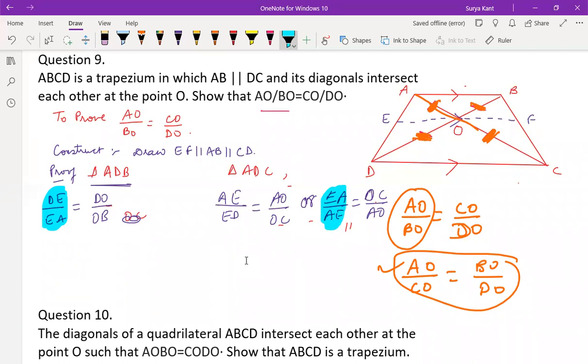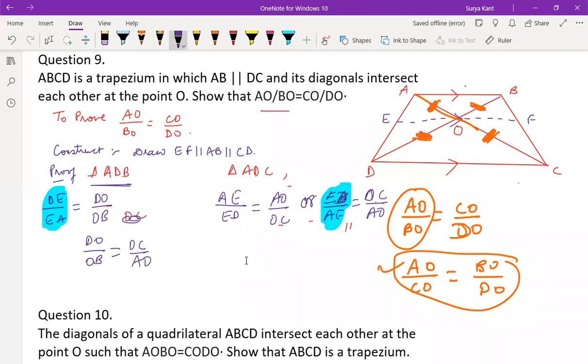Both are the same only. So ED by AE is equal to DO by OB is equal to OC by AO.